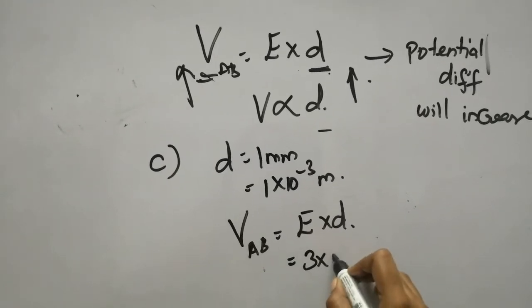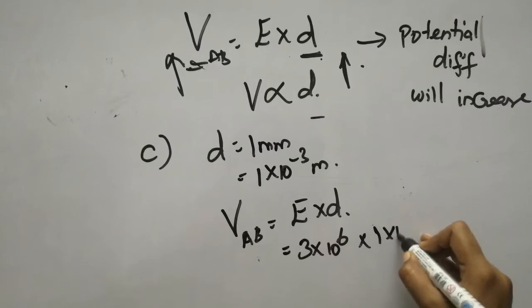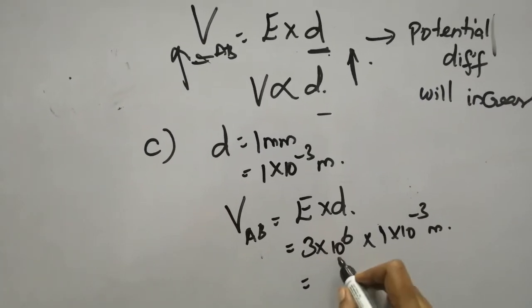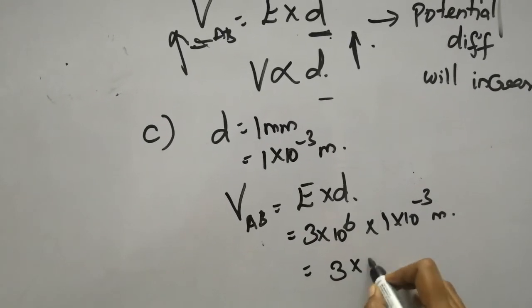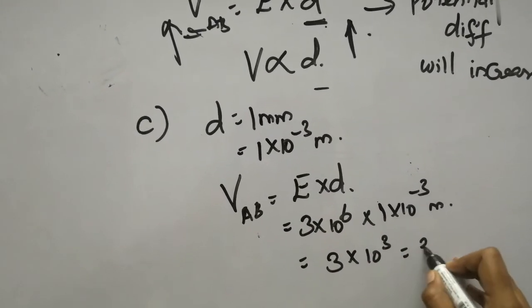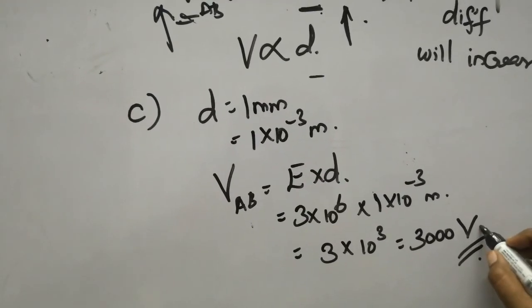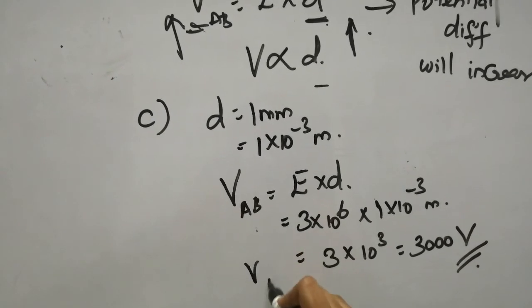So it is 3 into 10 to the power 6 into the distance value 1 into 10 to the power minus 3 meter. When you multiply this, add up the powers here. 3 into 1 is simply 3 into 10 to the power 3, that is 3000 volts. This is for your third case.